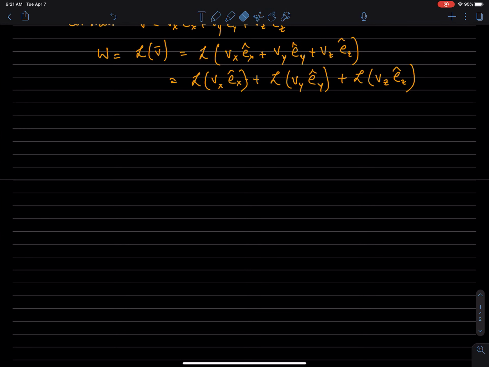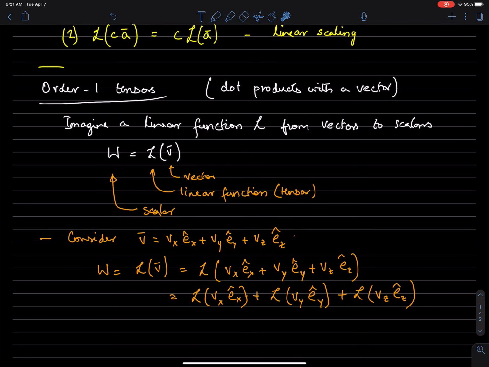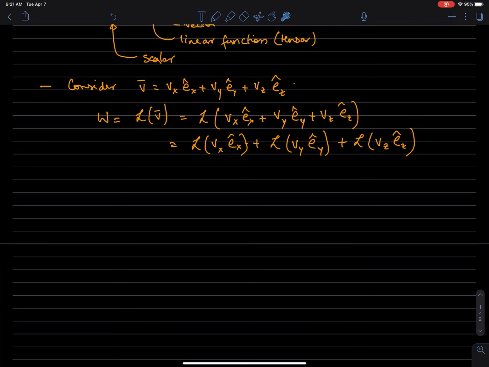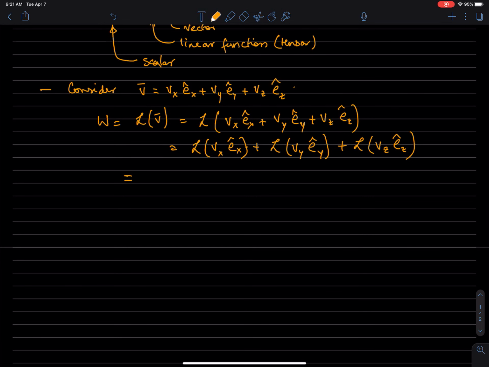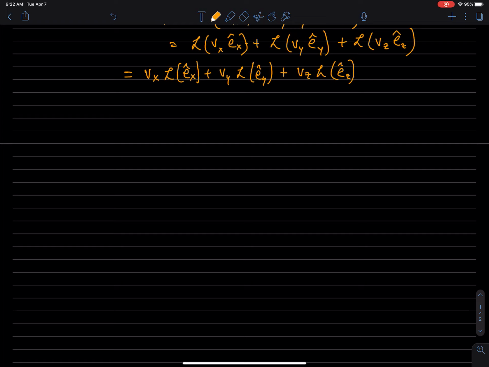And then, essentially using relationship 1, and then each of these can be broken up into Vx times L of Ex, Vy times L of Ey, etc. using this relationship. Okay, so this is going to be equal to Vx L of Ex plus Vy L of Ey plus Vz L of Ez. Okay, so that's essentially L of any vector v.